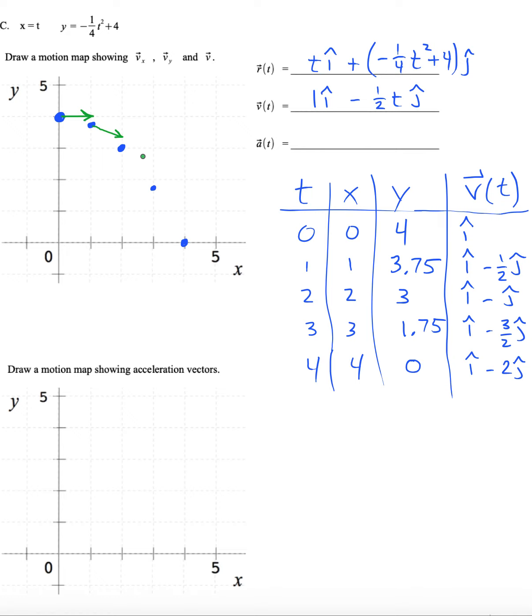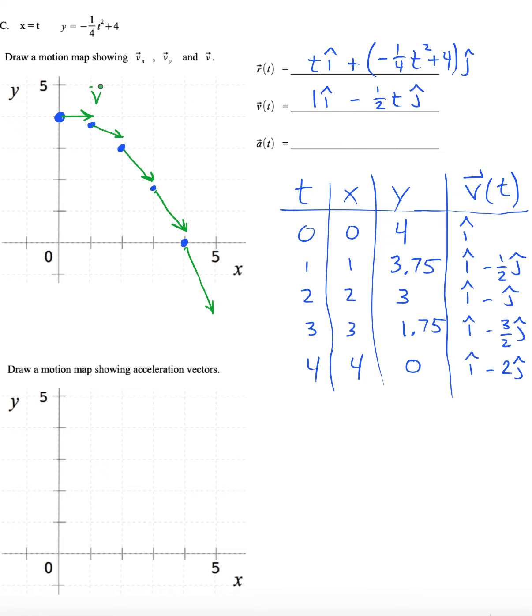Next, we're going to go to the right and down equally. Here, let's go to the right, but we'll also go down substantially. And one more.